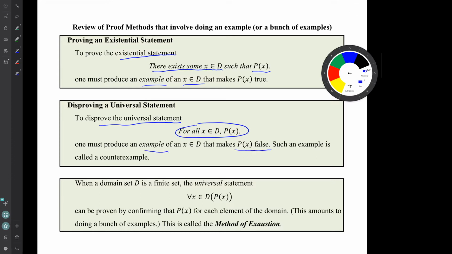Such an example is called the counterexample. And in the case where the domain is a finite set, a universal statement can be proven by confirming that every element of the domain makes p of x true. This method is called the method of exhaustion.